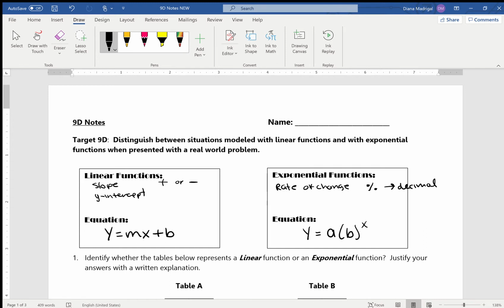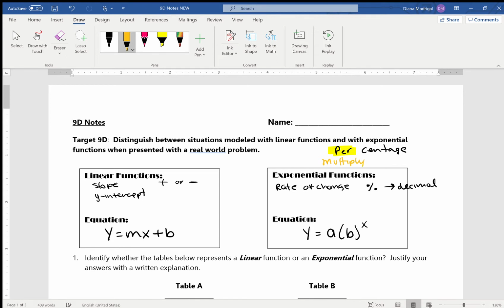For exponential functions, because of that percentage, I don't know if you remember, but percentage, the word per, I keep saying it in the word problems, per means multiplication.